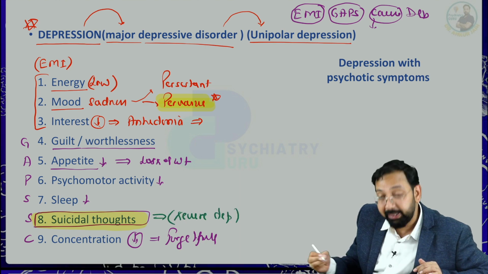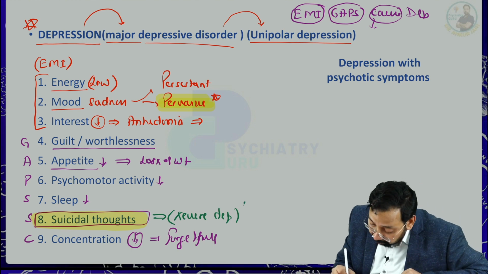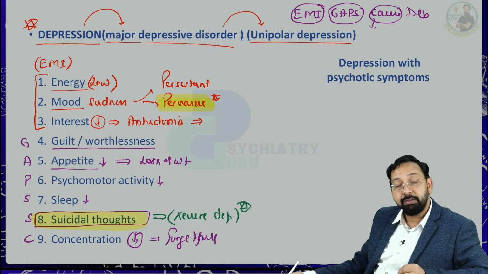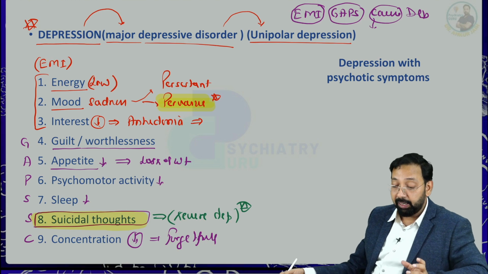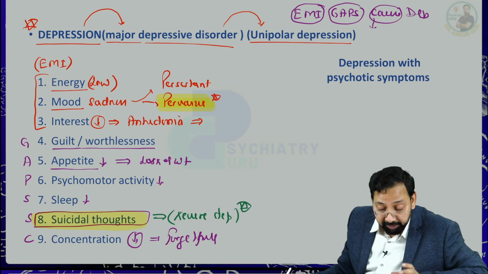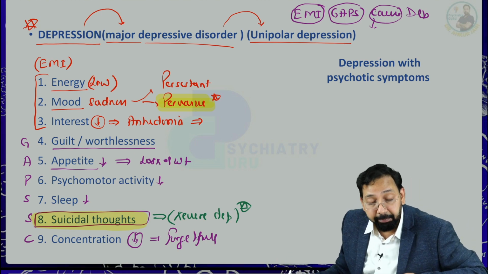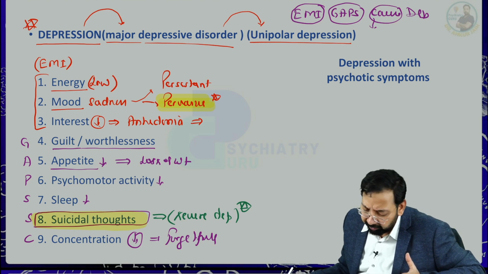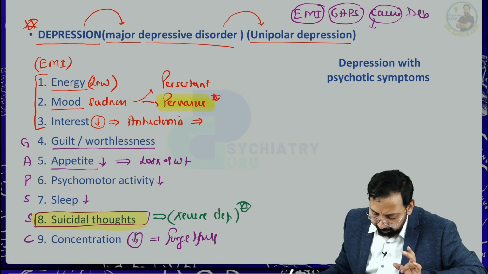If suicidal tendency is there, yes, question has been asked, they gave different symptoms and said suicidal risk is there. Diagnosis is moderate depression, mild depression, severe depression. Without second thought, severe depression would be there.